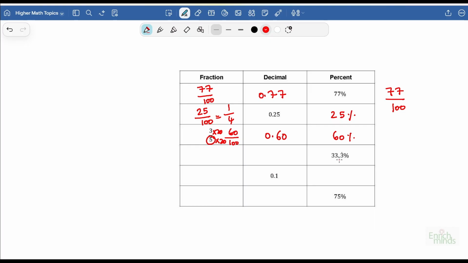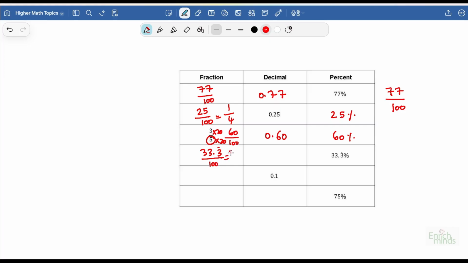What about 33.3 repeating? That's the recurring decimal. So 33.3 repeating percent can be written as a fraction as 33.3 repeating out of 100.